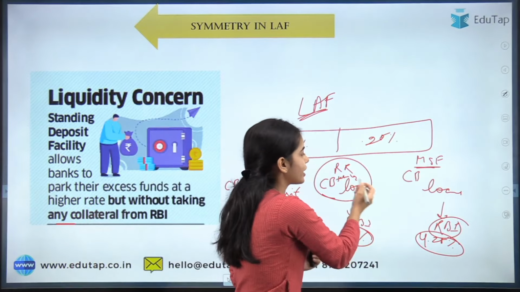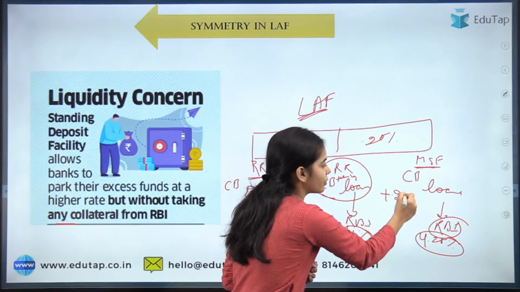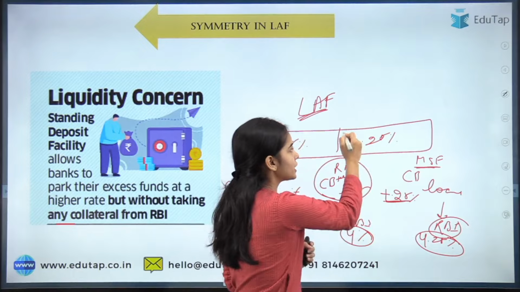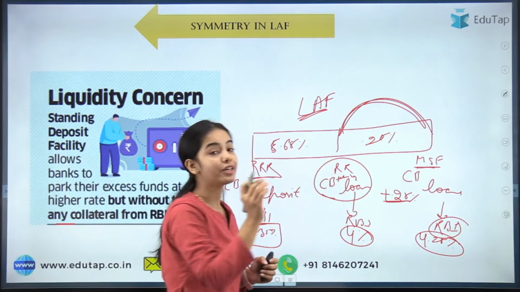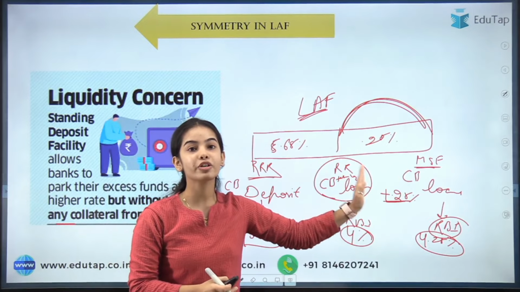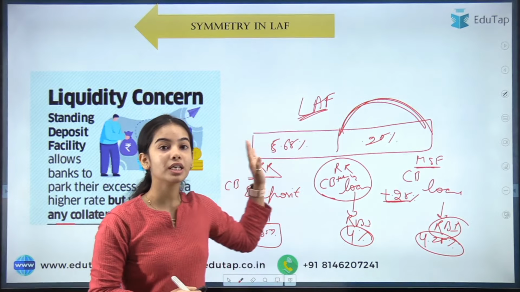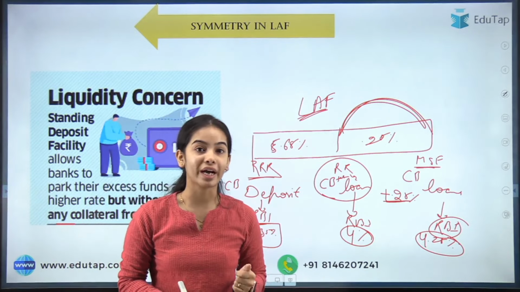The MSF and repo rate are connected because the MSF is always greater than the repo rate by 0.25%. They already have a defined relation. But the relation between the reverse repo rate and the repo rate is not defined.